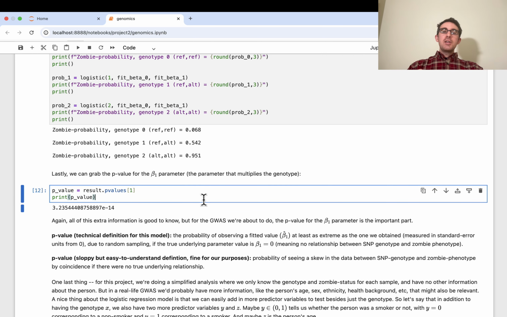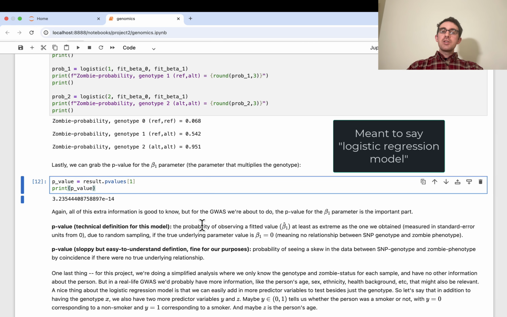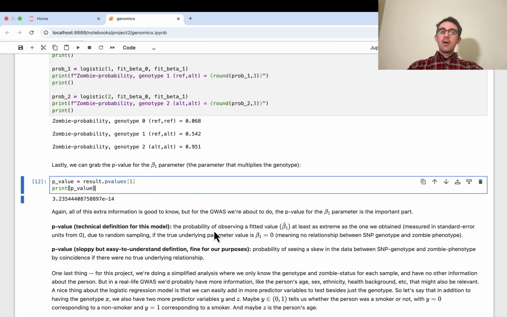So the technically correct definition for what this p-value means, for the logistic growth model, is that it's basically the probability of observing a fitted value of beta 1, which again is the parameter that multiplies the effect of the genotype.